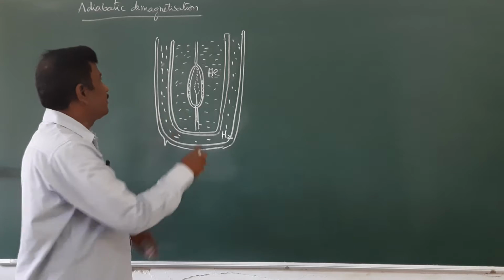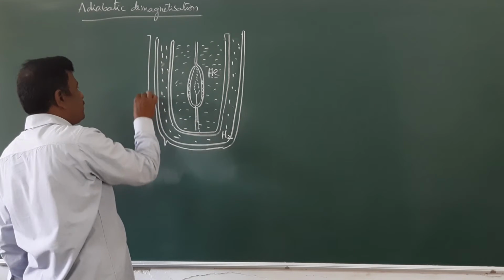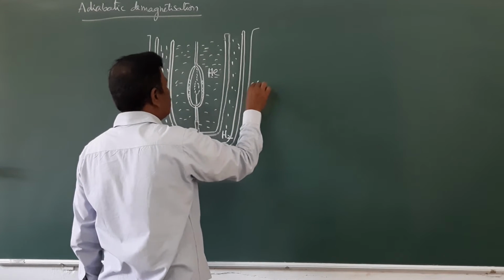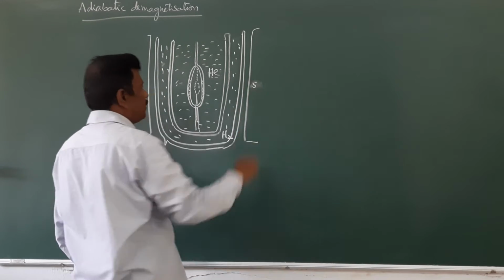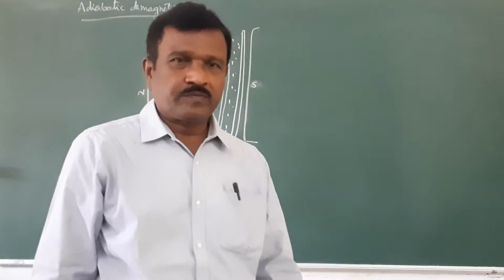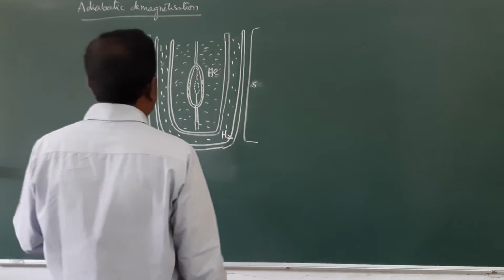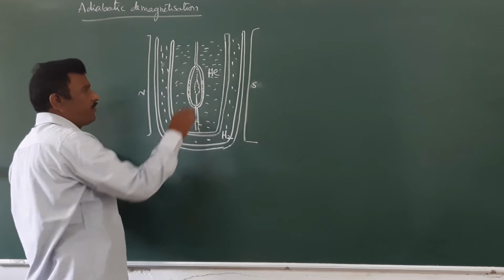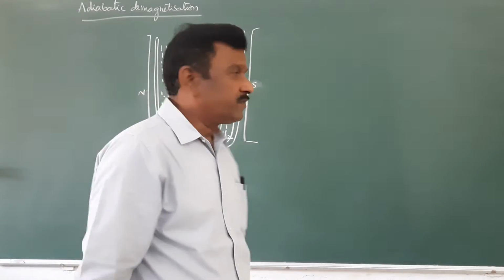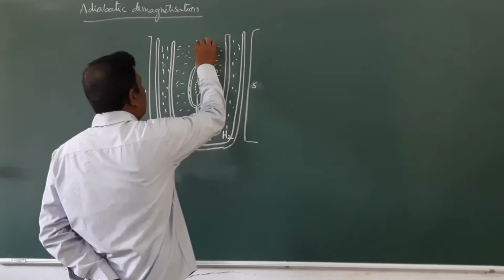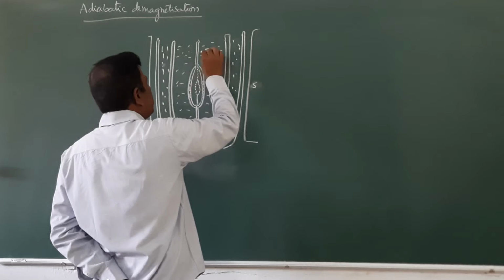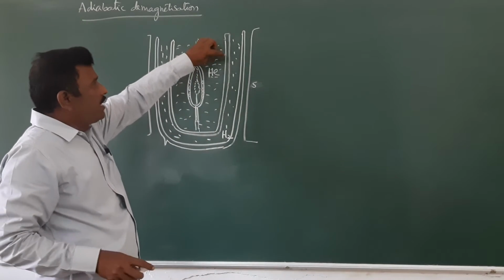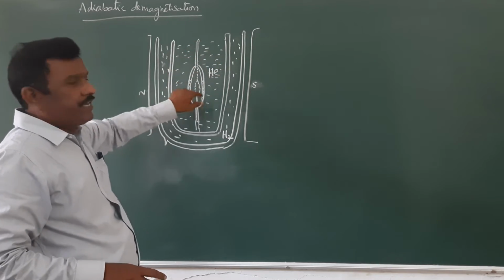This entire arrangement has to be kept between two strong magnetic poles, so as to produce a magnetic field. Initially, the gadolinium sulfate in the form of powder is suspended in an evacuated flask and kept in a dewar flask containing liquid helium.